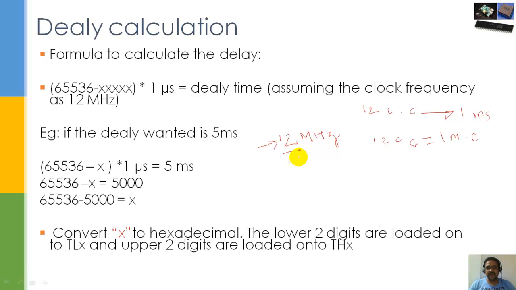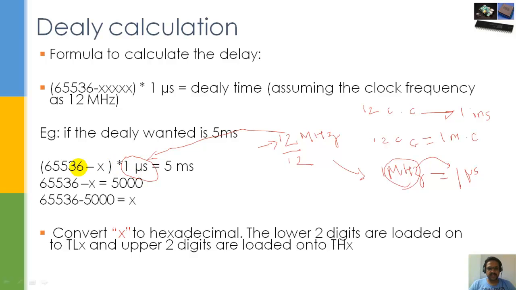So I am dividing this by 12. What do I get? 1 megahertz. Convert it to time, I'll get 1 microsecond. Now if the clock frequency is 30 megahertz, what will happen? This will be 30 megahertz divided by 12, and you have to convert whatever answer you get in frequency into the appropriate time and then multiply it here. In this case I am assuming 12 megahertz.